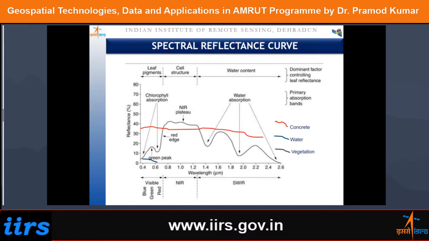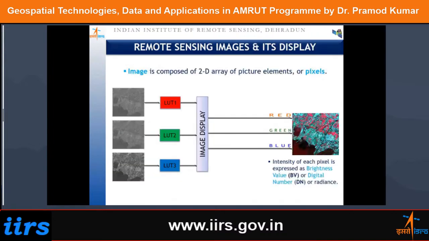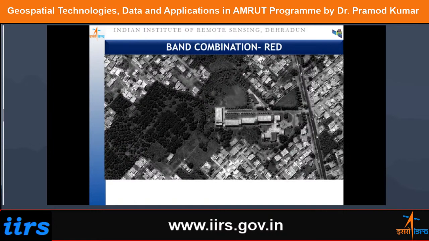It is a combination of three bands, and in general the standard false color composite is prepared by generating a composite of green, red, and near infrared.